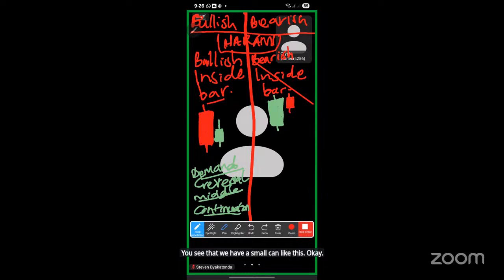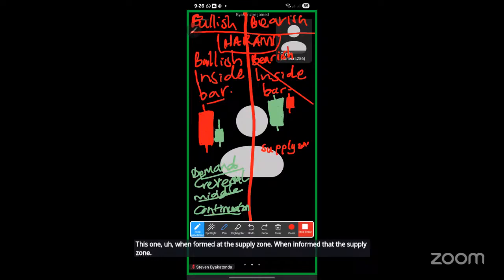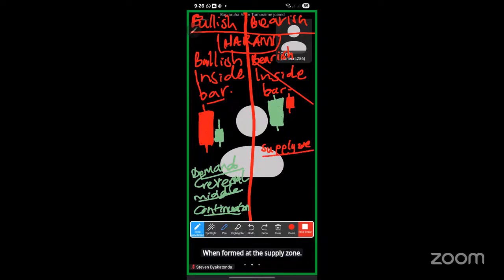And this one, when formed at the supply zone, it acts as a reversal to the downward side.